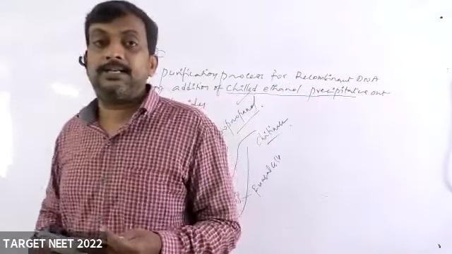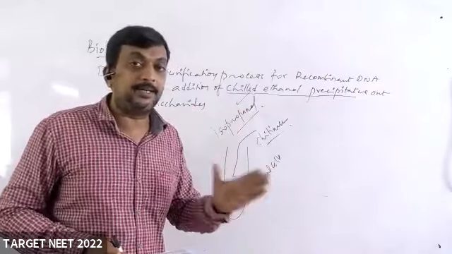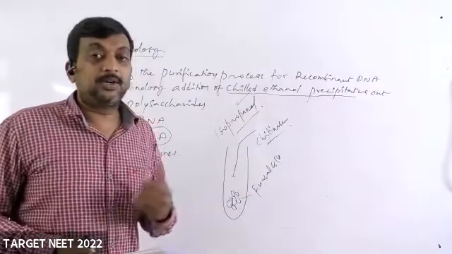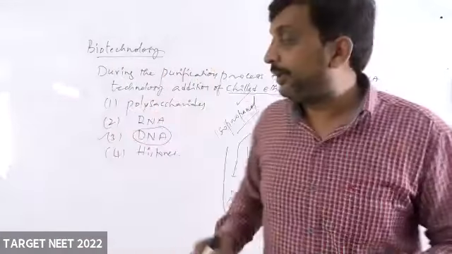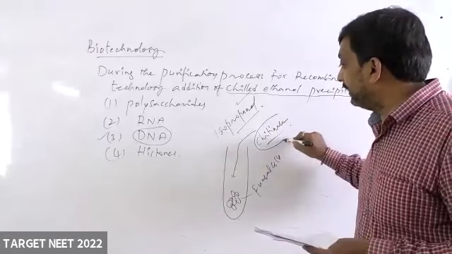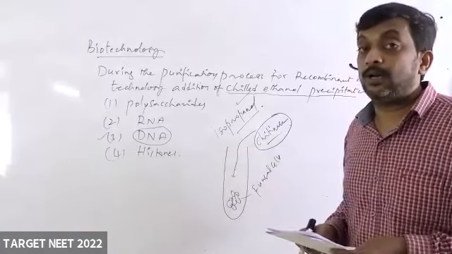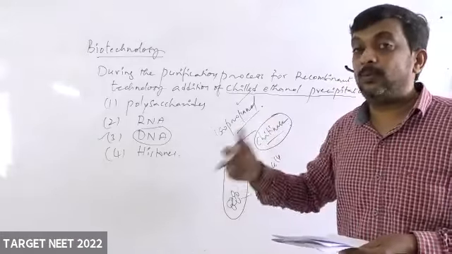This chitinase is a cell wall degrading enzyme, because in fungi the cell wall is made up of chitin. So we are adding an enzyme that removes the cell wall of the fungi.